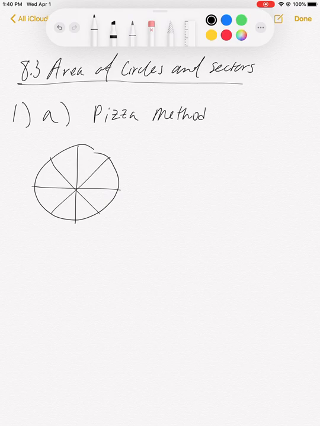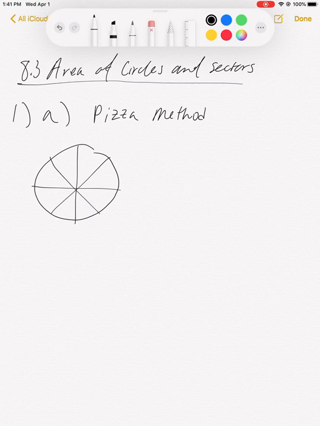And just like the way we found the area of other two-dimensional shapes, we take something that we want to find the area of, transform it into something that we know the area of already, and then relate that back to our original figure before the transformation. So we're going to take this pizza, this circle, and transform it into a parallelogram in the same way as designed in the handout.